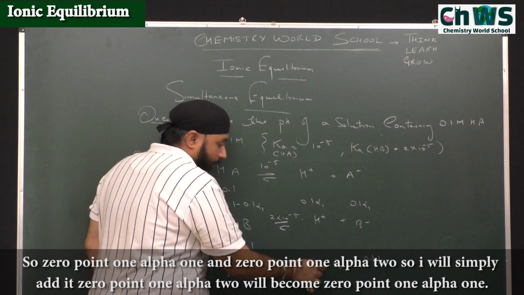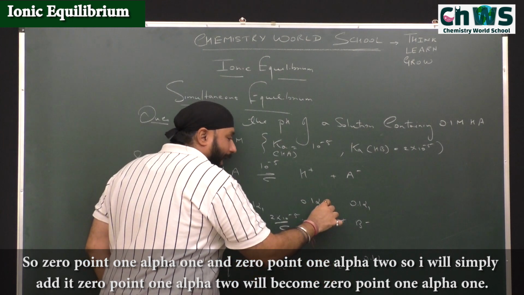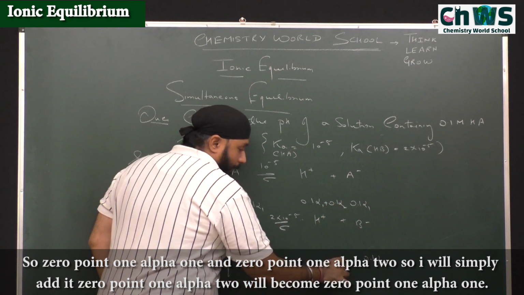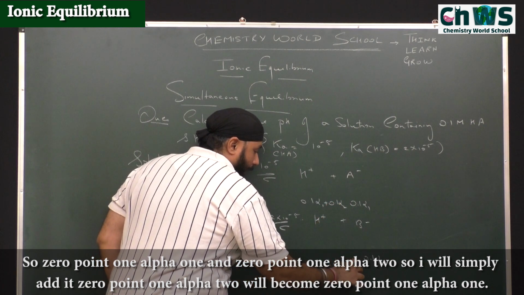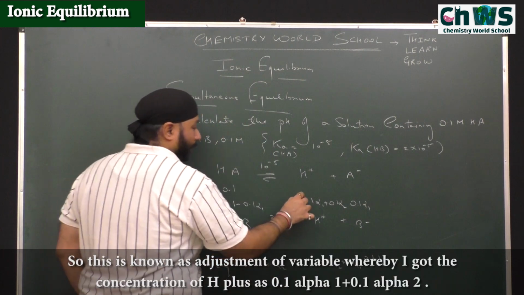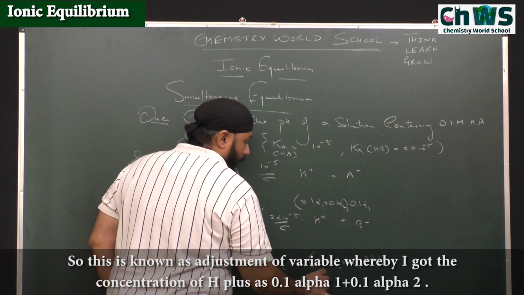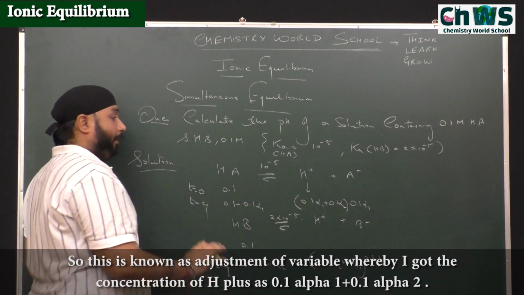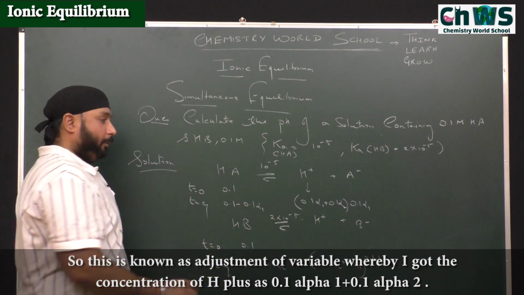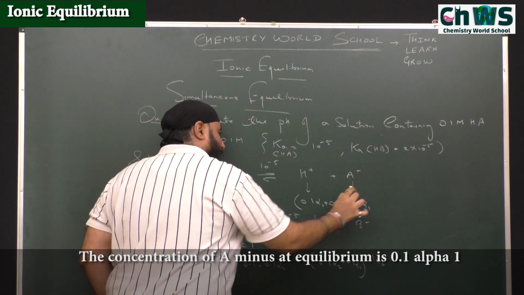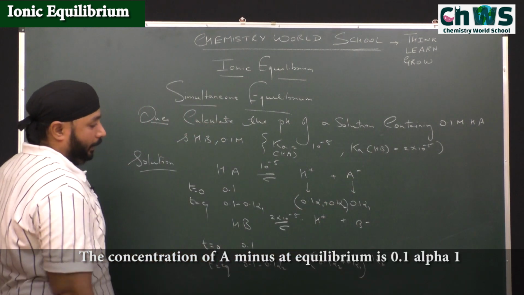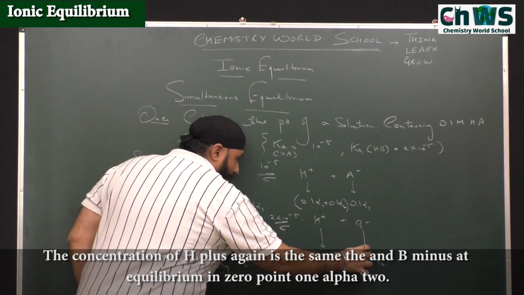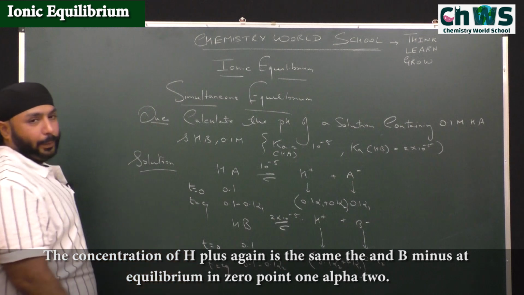So the H plus concentration is 0.1 alpha 1 plus 0.1 alpha 2. This is known as adjustment of variables. The concentration of A minus at equilibrium will be 0.1 alpha 1, the concentration of H plus is the same thing, and B minus at equilibrium is 0.1 alpha 2.